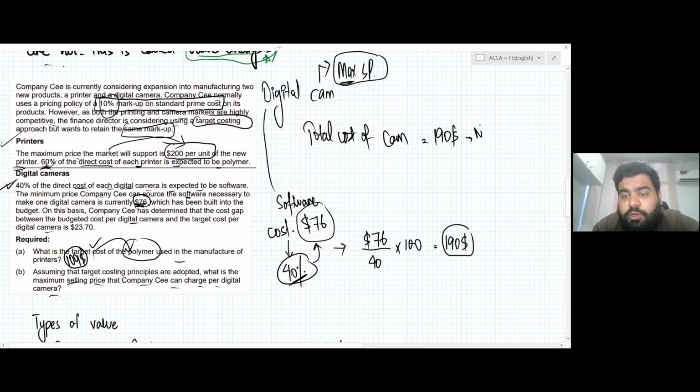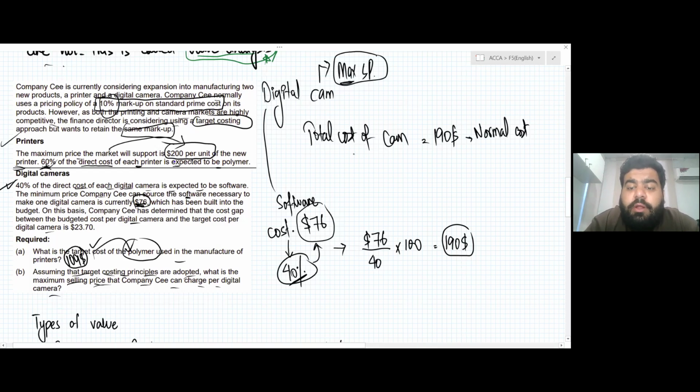So from this normal cost, first we have to go to target cost. Why? Because he is saying that assuming the costing principles are adopted, what will be the maximum selling price company C can charge per digital camera. So if I use this 190 as target cost and add the profit to it, I'm ignoring the cost gap.